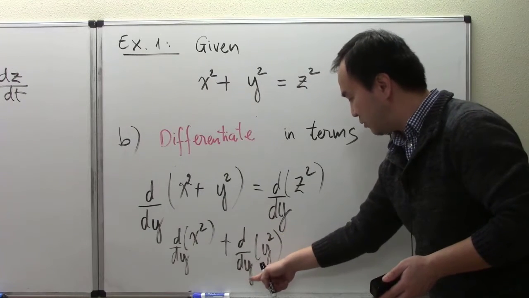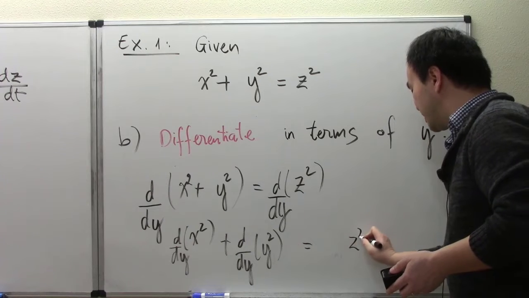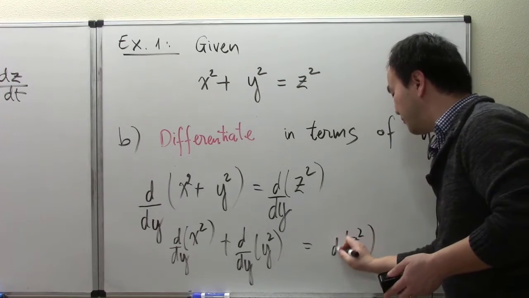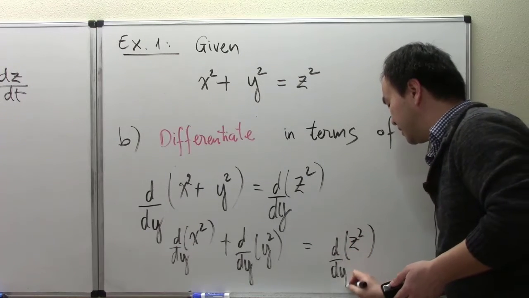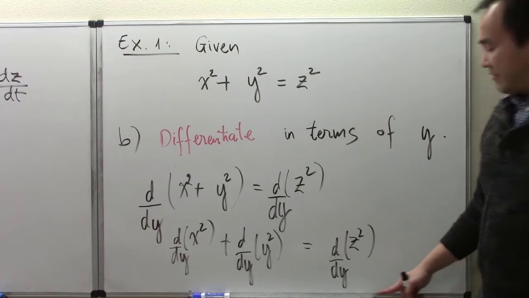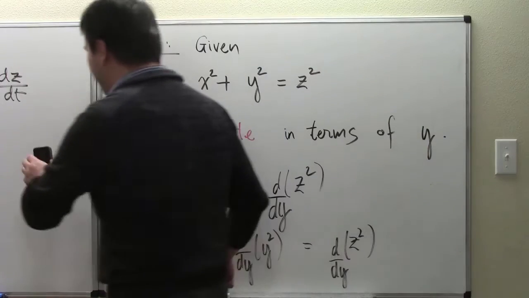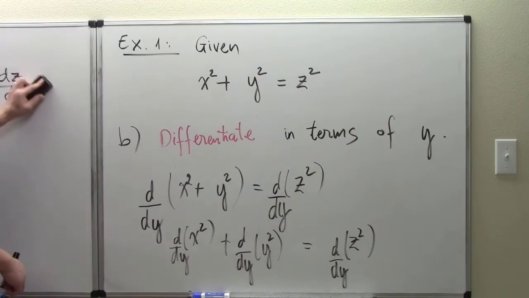So dy of y squared, and all that equals the z squared term on the right hand side, to be differentiated in terms of y. I have explained so many times how we found these kinds of things, and it's quite similar to the earlier part of our example. So, quick scratch work right here.